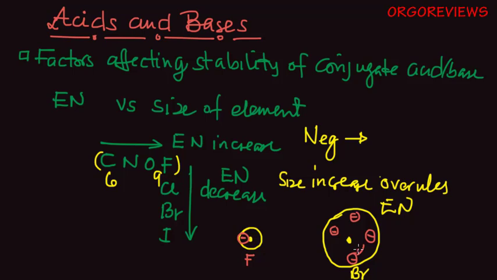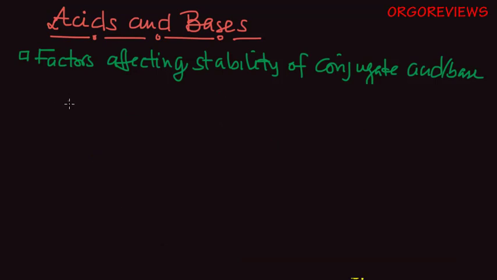So the negative charge will be moving around in a larger space, and hence the stability of the bromine anion will be much better than that of a fluoride anion. So these are factors that you need to look out for when you're comparing the stability of a conjugate acid or a base. Now let's illustrate this with an example.